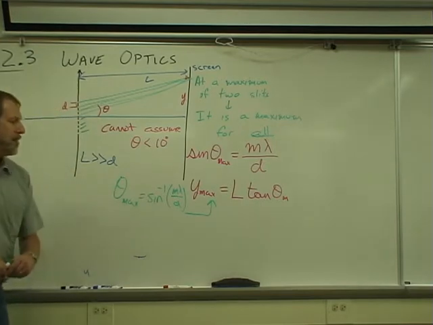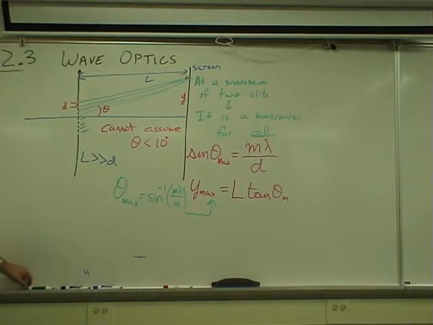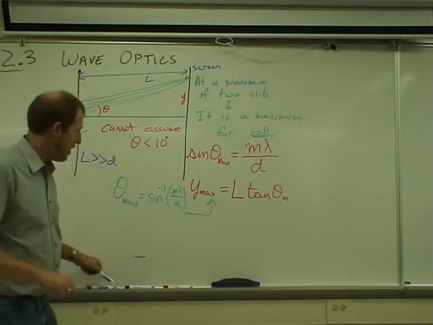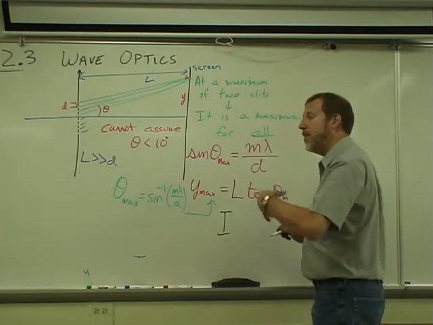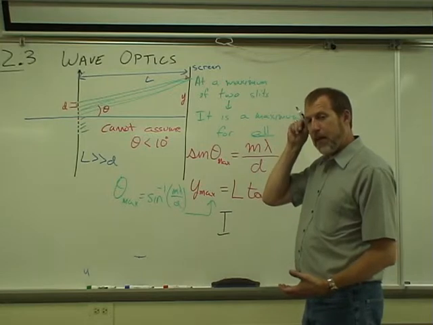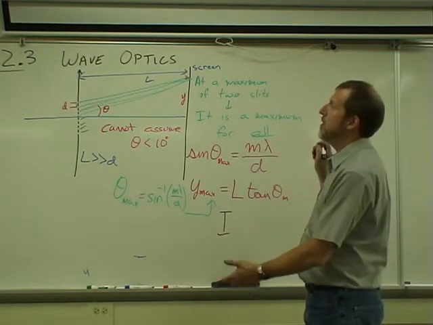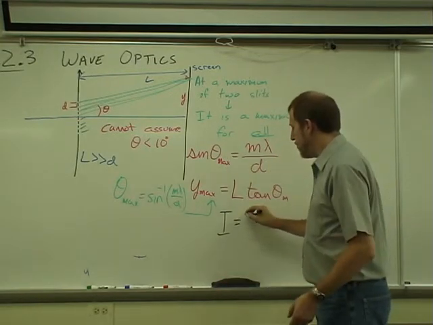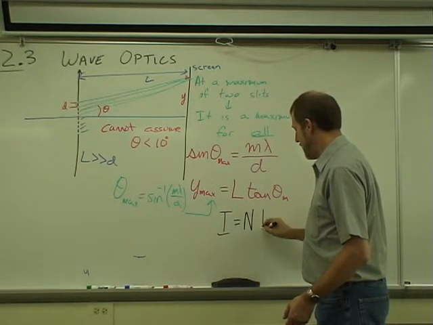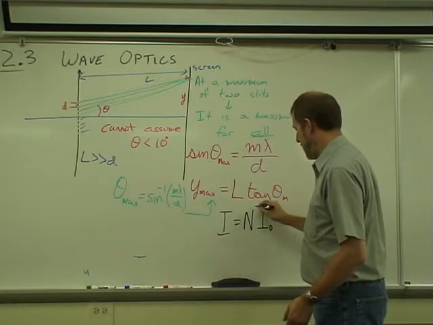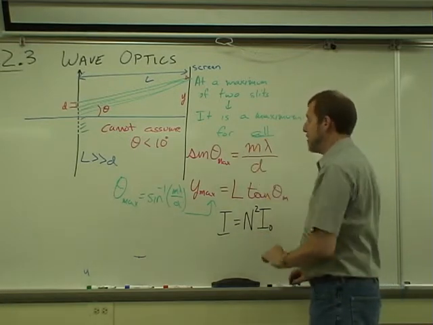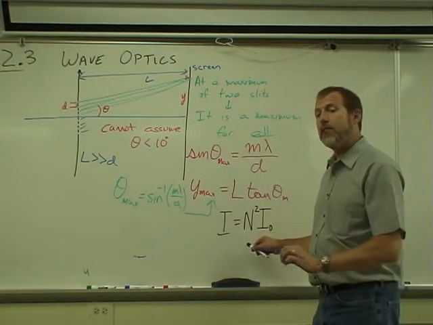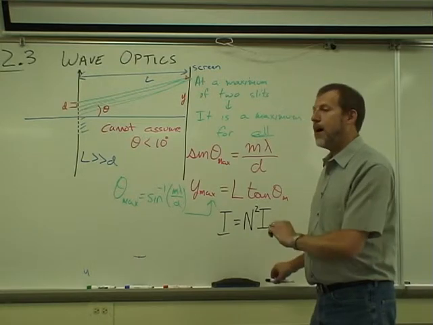And then I can find the location of those places by putting it into there. And because the intensity is equal to the amplitude squared, I can take what I did for 22.2, reconstruct that, and the intensity of this light for the diffraction grating will be equal to n squared, where n is the number of slits, times I.